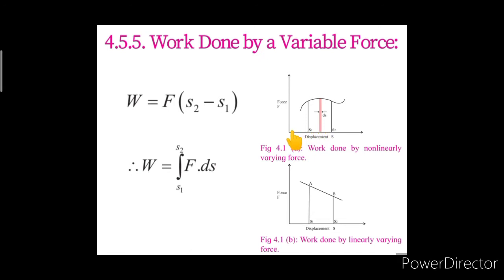So the total work done W for the displacement from S1 to S2 can be obtained by integration. We integrate all the small work done's dW, considering their integration from S1 to S2, to get the total work done.